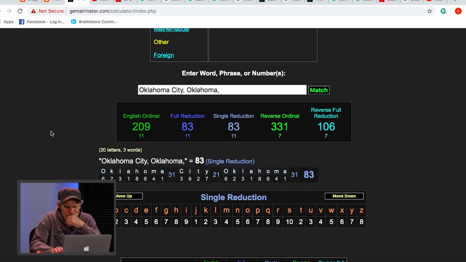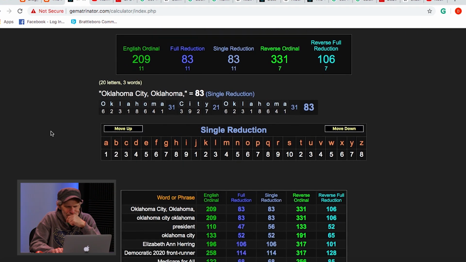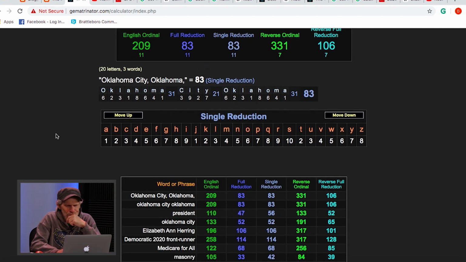So, why is that interesting? Oklahoma City, Oklahoma. Well, Elizabeth Ann Herring, 106. She was born. That's who she was born as. And she was born in Oklahoma City, Oklahoma, 106. And look at, it's also 331, the reflection of 133. Oklahoma City, 133.